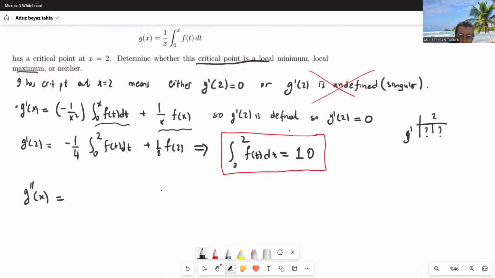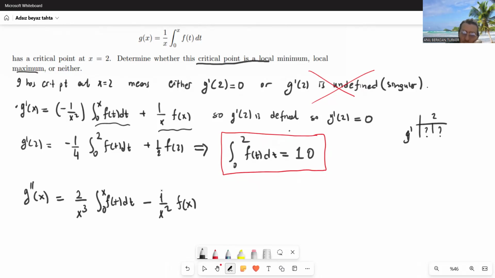Apply product rule. I get 2 over x to the power 3 times the integral from 0 to x of f(t) dt, minus 1 over x squared. Here, what is the derivative of this? It is f of x, by the fundamental theorem of calculus.